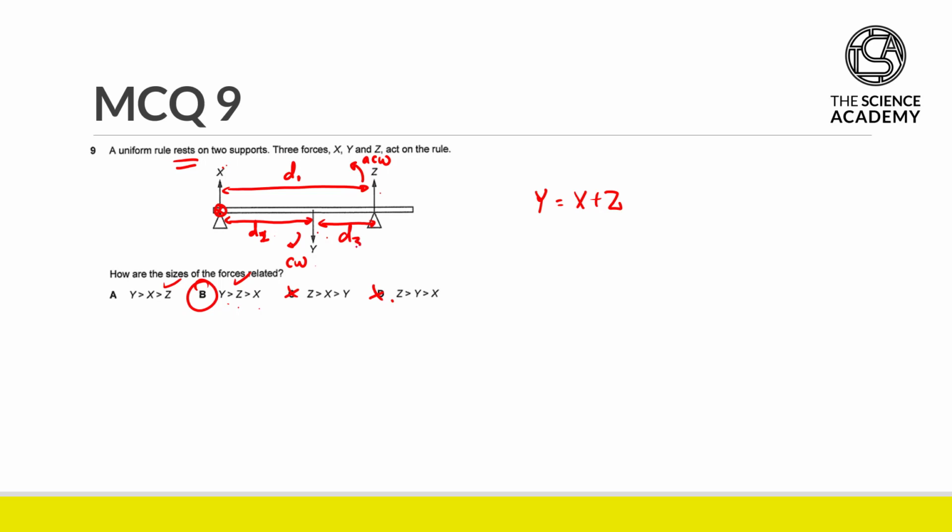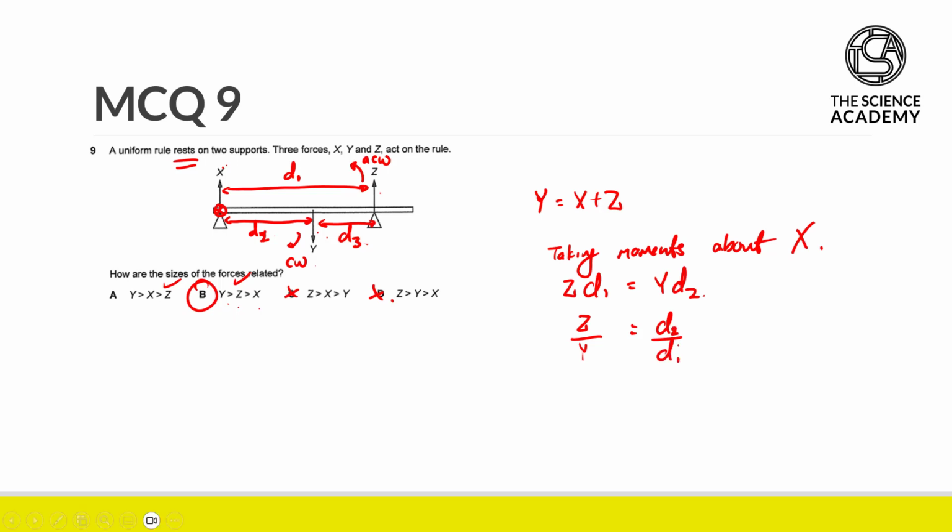And the distance between y and z is going to be d3. So based on the principle of moments, we have z times d1 must be equal to y times d2 by taking moments about x. So this means that we have z over y, which is equal to d2 over d1.